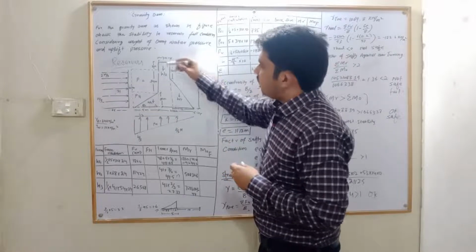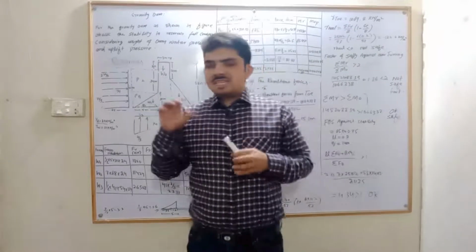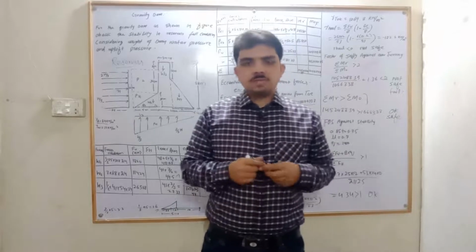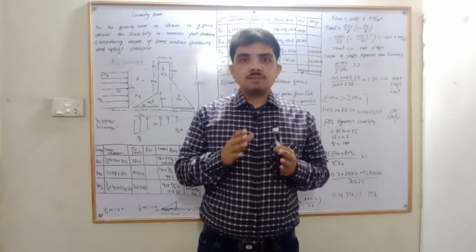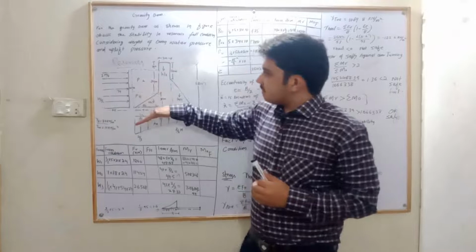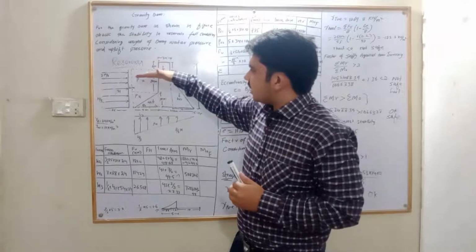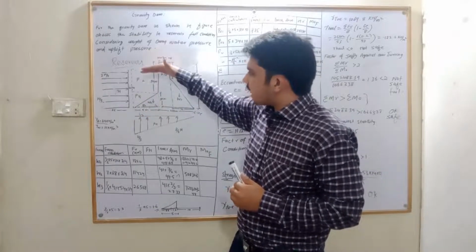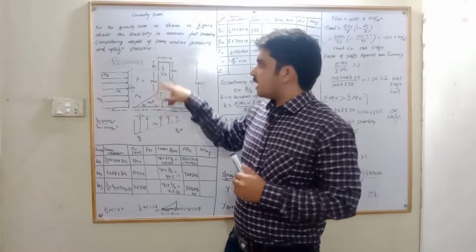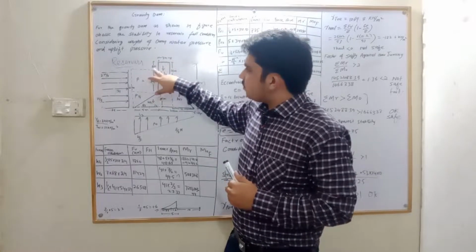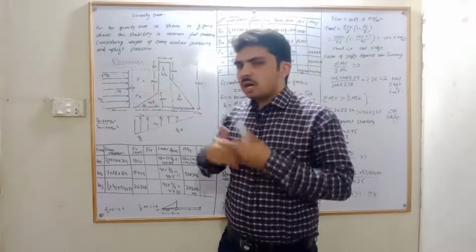Now, free board means this area we provide for the factor of safety. So what is the factor of safety? It means the permissible limit for the water is 3 meter below the top level, because when water rises up to this level, we do not allow further water.